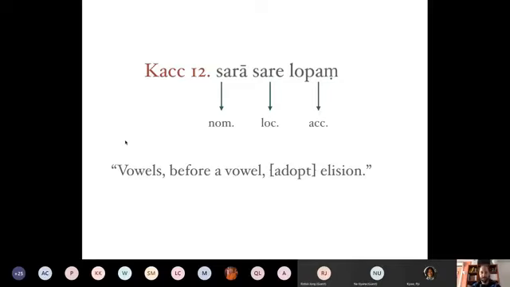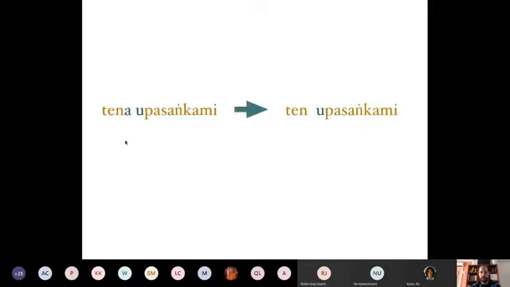It is a very literal translation, but I think it more or less conveys the sense. What we get here, simply as an example, this is a very normal case of sandhi where there is the elision of the previous vowel, in the case of tena upasankami, you get ten upasankami. So the vowel a before the vowel u has attained the state of lopa, the state of nothingness.